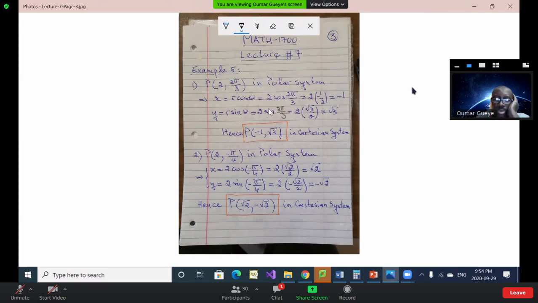When we calculate sine of 2 pi over 3, we get √3 over 2, and when we simplify by 2, it's just √3. So x is equal to -1 and y is equal to the square root of 3.